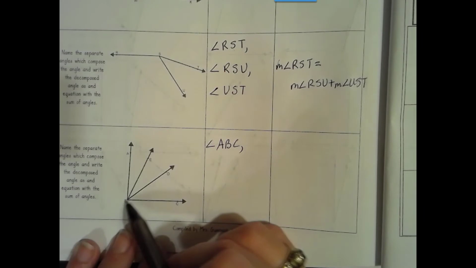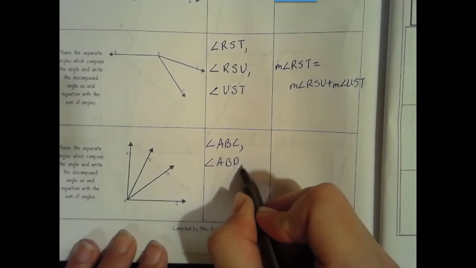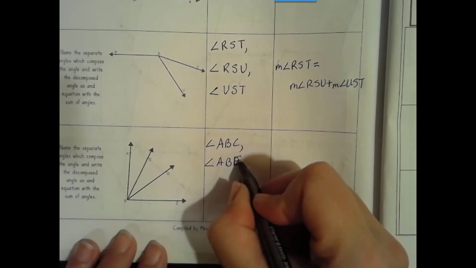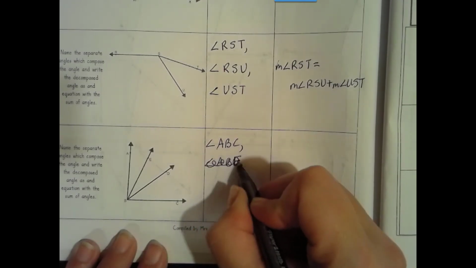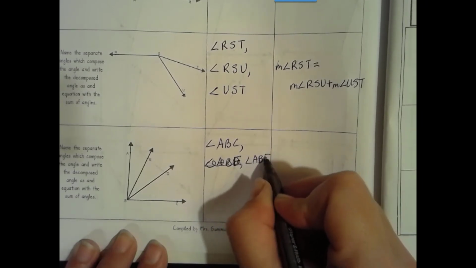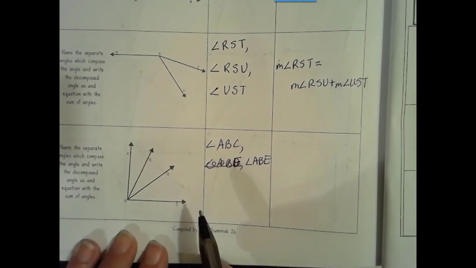So ABD, or I'm sorry, not D, E. I just did what I said I wasn't going to do. Angle ABE. This is why you use pencil. I wish I could use pencil, but it doesn't show up as well on the camera.